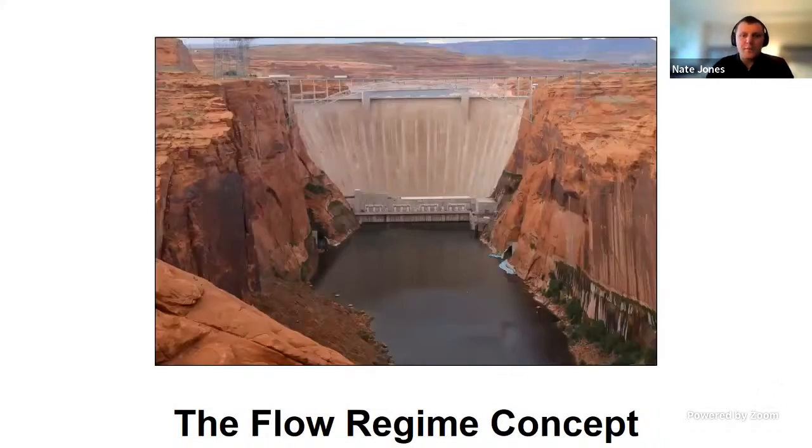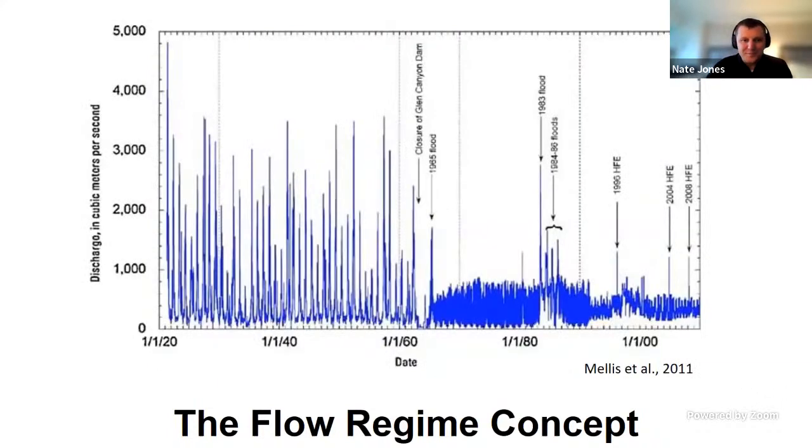And so this flow regime approach, at least in my viewpoint, has really been the result of that, from a management standpoint, is e-flow science or environmental flows. So how do we manage outflows of our dams in a way that's responsible for both upstream water users and downstream ecosystems?